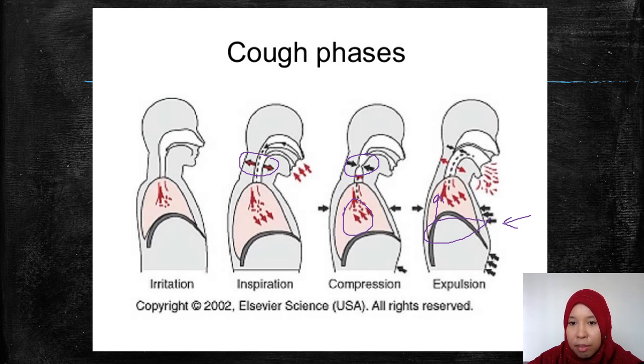Air from your lung cavity will be forced out, and this will force the glottis to open, and then you will have expulsion, and that's coughing. The abdominal muscle walls that are involved in coughing are the oblique muscles, the external and internal oblique muscles, and the rectus abdominis muscle.